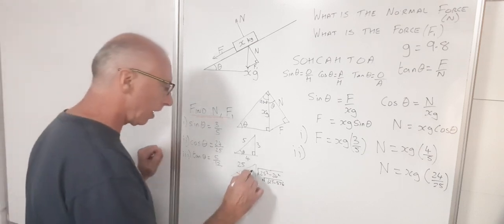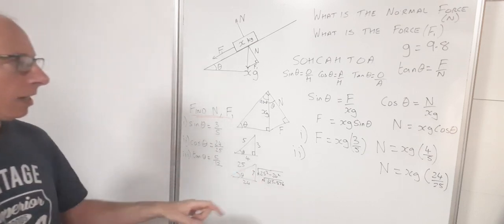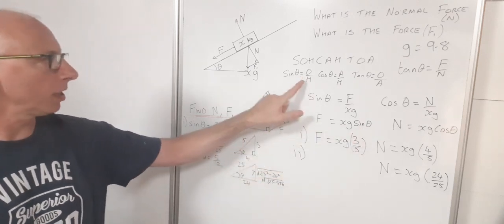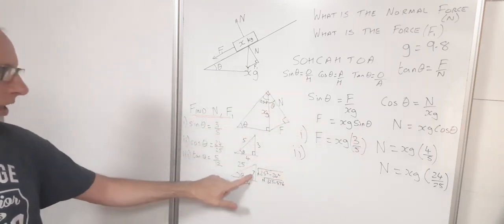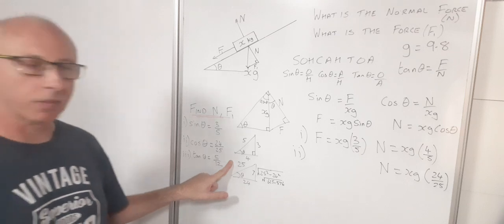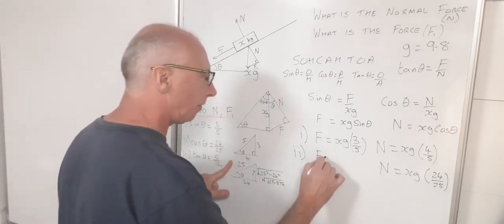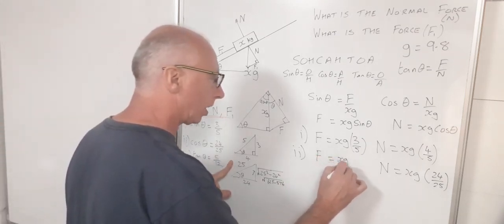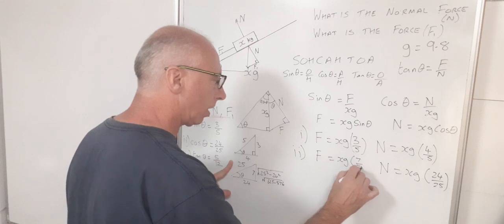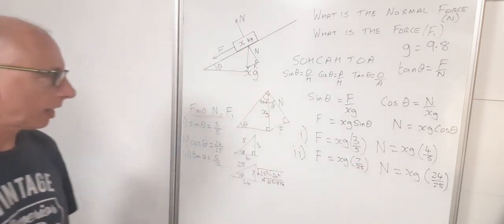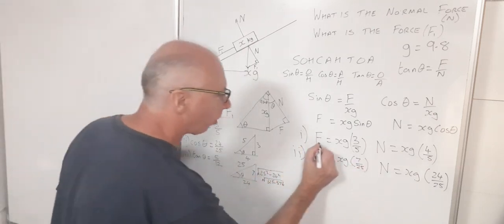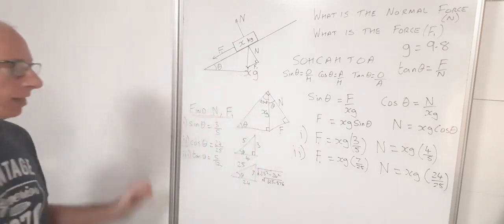So this side here is 7. So I know sine theta, opposite over hypotenuse, is 7 over 25. So F equals xg times 7 over 25. That's my force F, or F1 as I've marked it in the diagram.